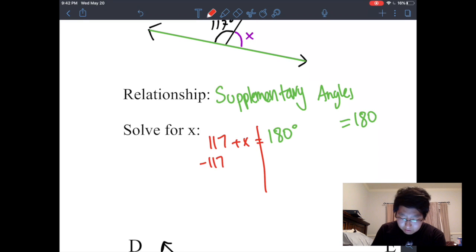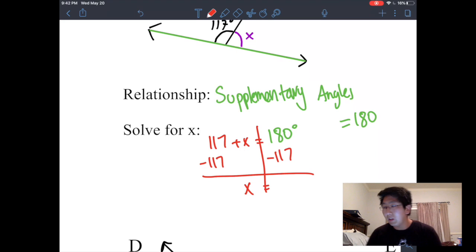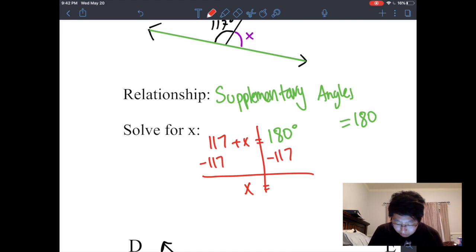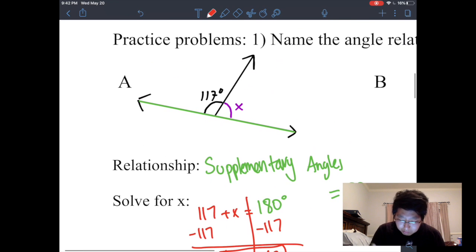Minus 117, minus 117, and x equals, I'm going to grab my calculator here, 180 minus 117. I get 63. So x equals 63. And we just solved for this missing distance.